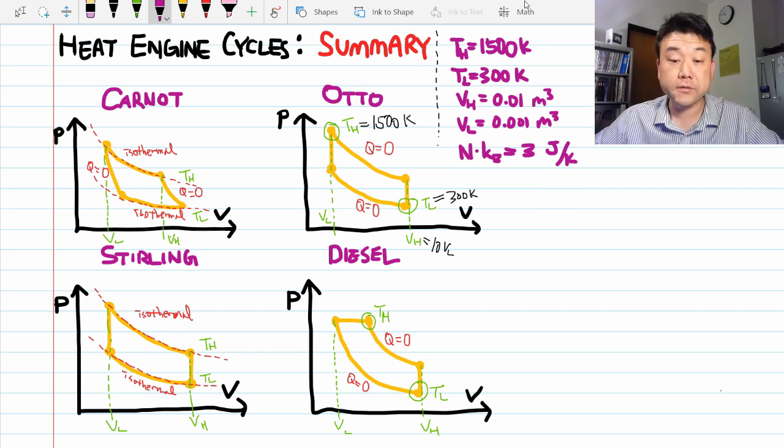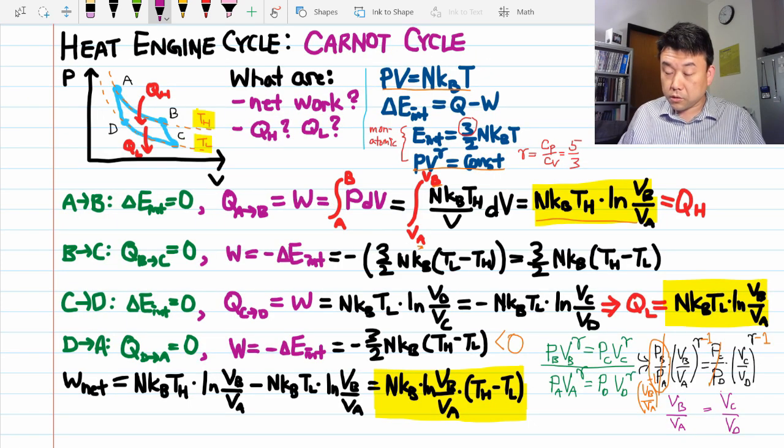The first cycle to look at is the Carnot cycle. So all these expressions for work done, heat input and heat output are in terms of parameters we already have numerical values of. So let's plug them in and see what we get. First, QH.